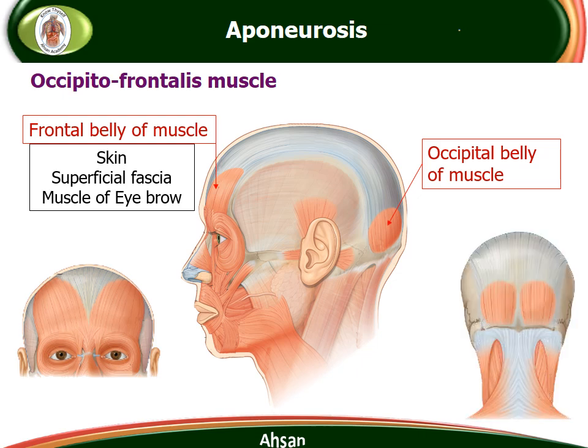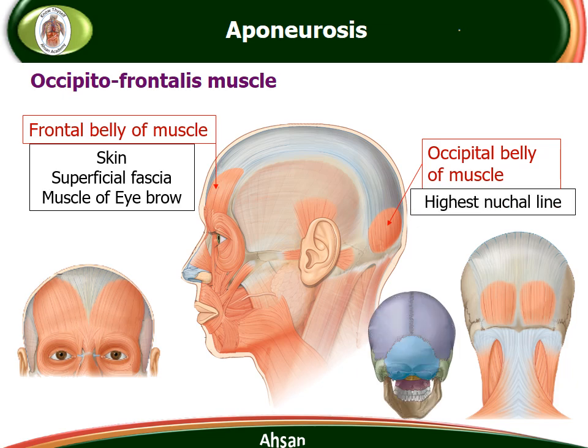Posteriorly, the belly is known as the occipital belly of the muscle, and it has a bony attachment to the highest nuchal line of the occipital bone. This red arrow is indicating the line on the back of the skull.